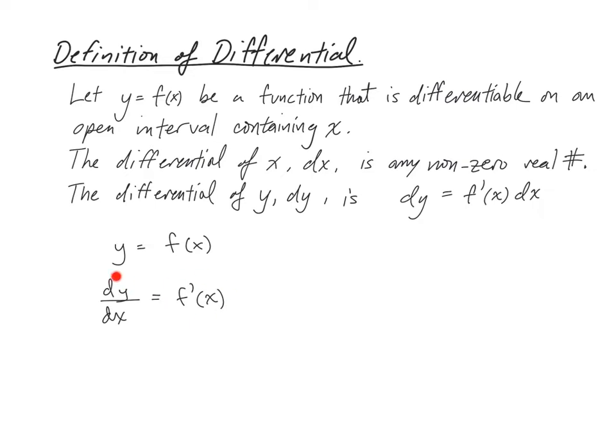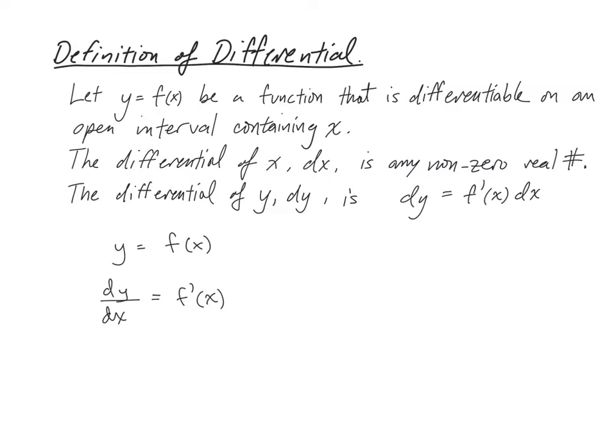So on the left side, this dy dx tells us how much the vertical distance of the tangent line changed compared to how much the horizontal distance of the tangent line changed. More or less, the change in y over the change in x, but in terms of a tangent line, like derivatives tell us.